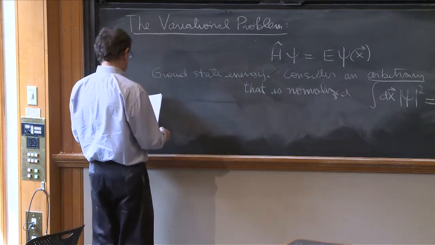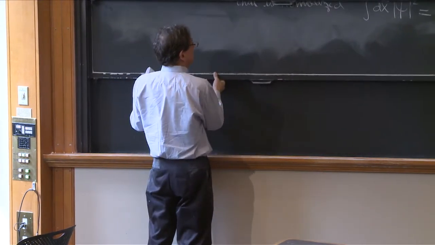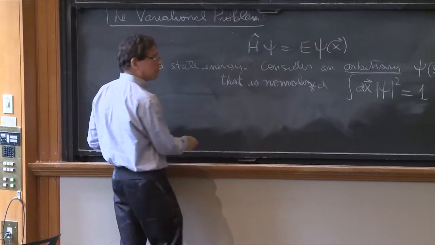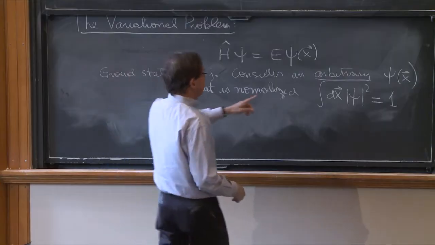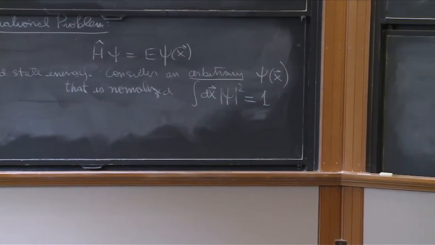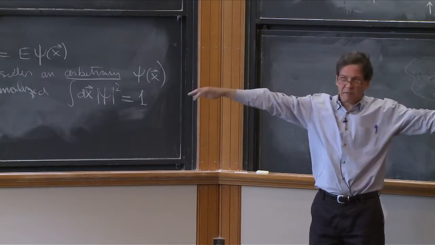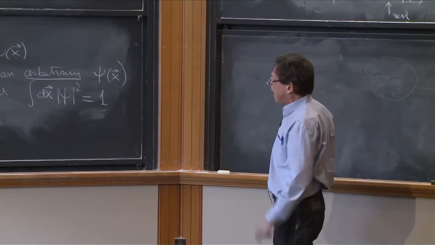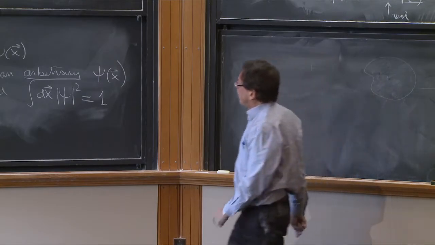And here comes the first claim that we can make. You see, this wave function doesn't solve the Schrodinger equation. That's what we mean by arbitrary. It's just any function of space that is normalizable. It doesn't solve the Schrodinger equation.